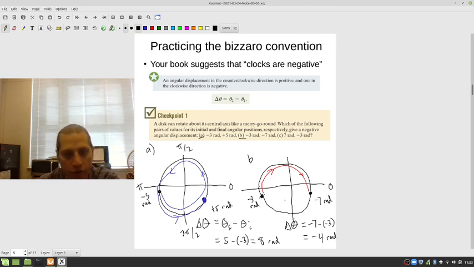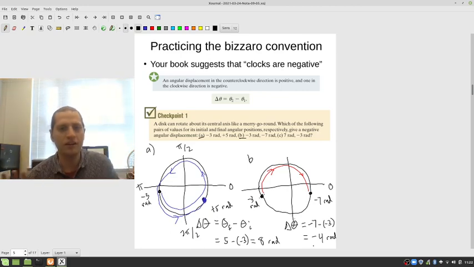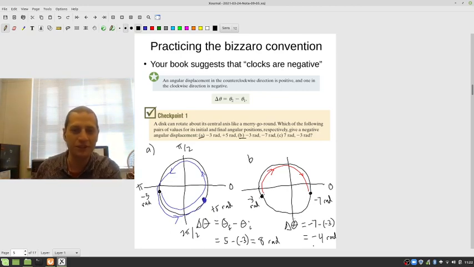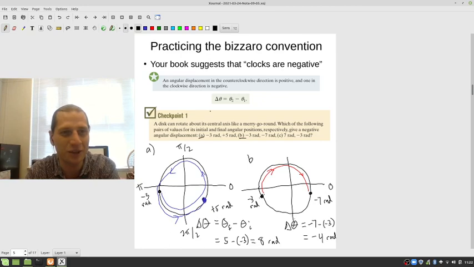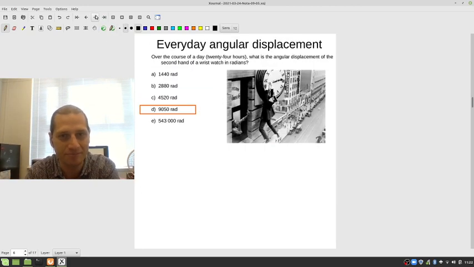Okay, so minus 4 is a little bit bigger than pi. Pi would be around half the circle, so we've gone a little bit over half the circle around, but we've gone around clockwise, so we have a minus sign on that. Okay, so I've been maybe a little pedantic, speaking slowly, but I just want to say it because I know that this is easy to get mixed up on.